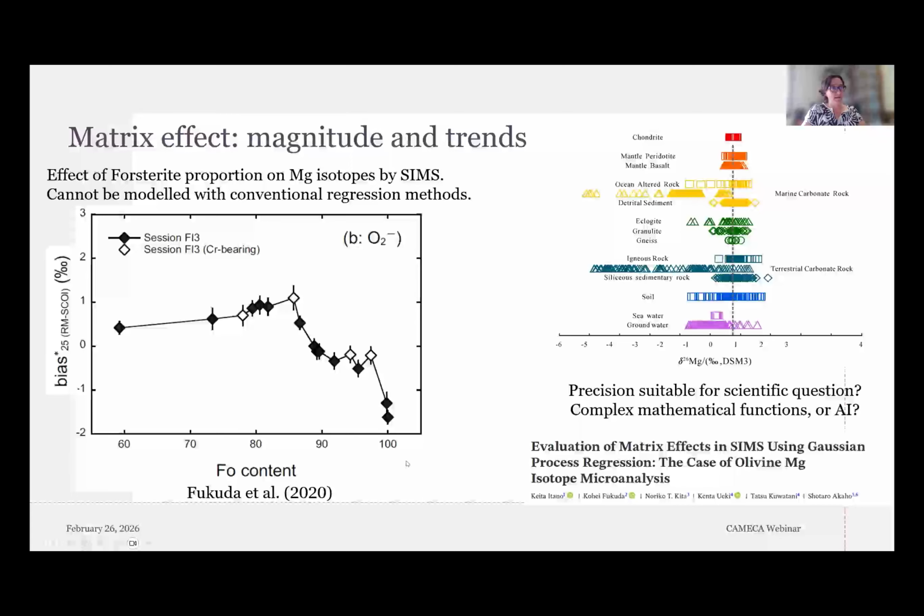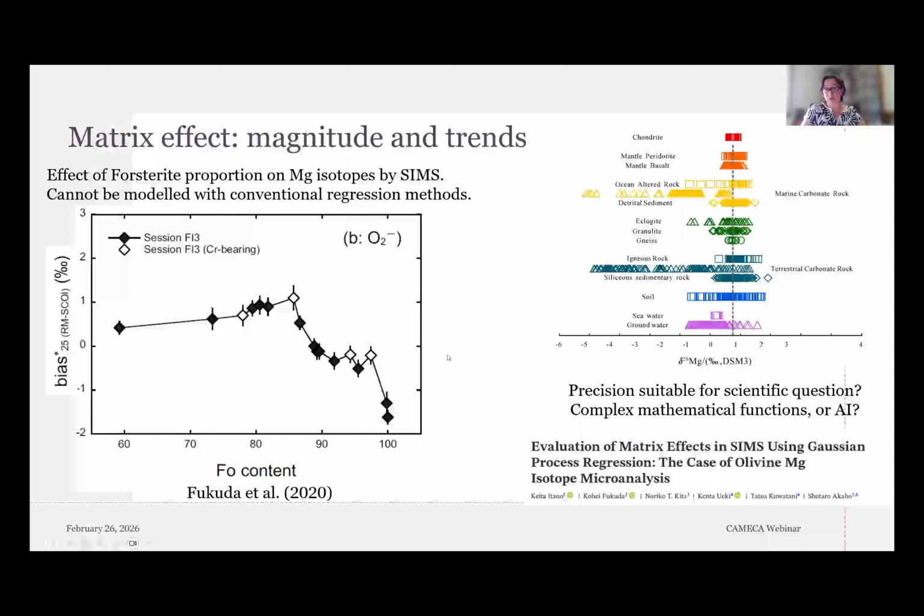So very complex. And again, quite significant given the relatively small natural variability of magnesium isotopes in the different Earth reservoirs. So again, quite challenging.